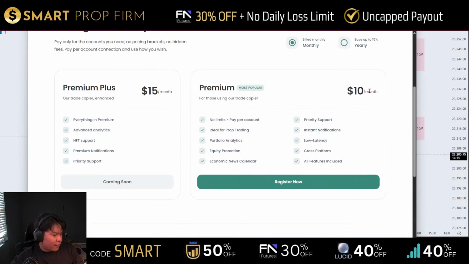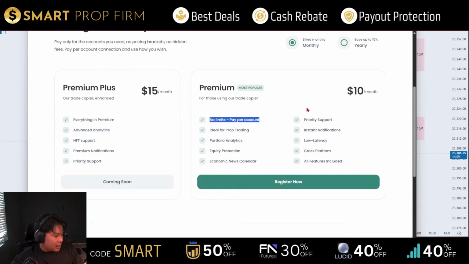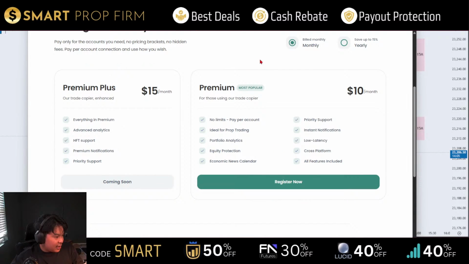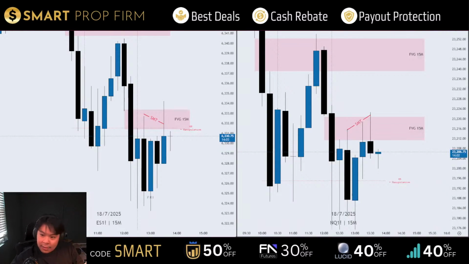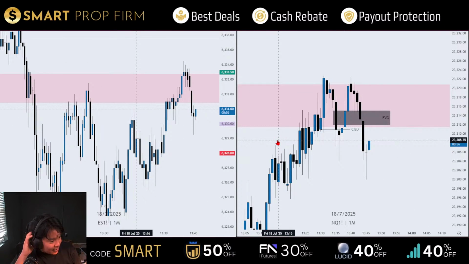Oh, they're very cheap. $10? Paper account. What's that mean? It's $10 per account? No way. I'll be shitting bricks if it's $10 per account. Imagine I have like 40 accounts, right? I have to pay $400 per month. No. Even if I have money for that, I'm not doing that.